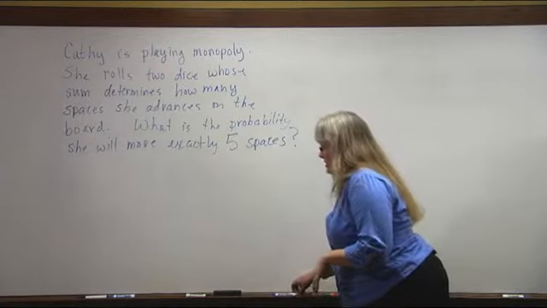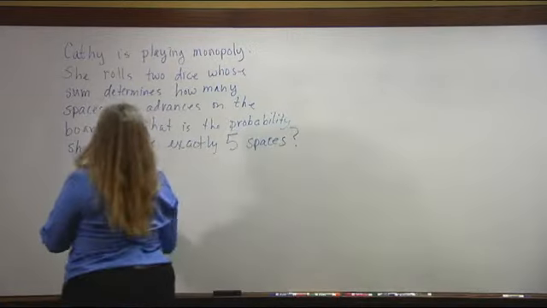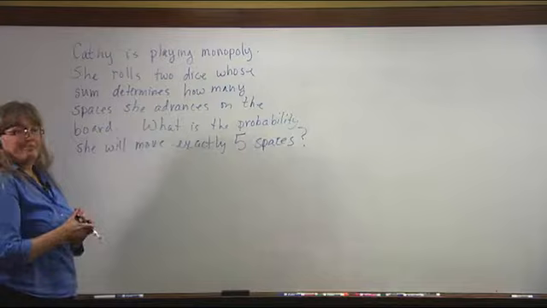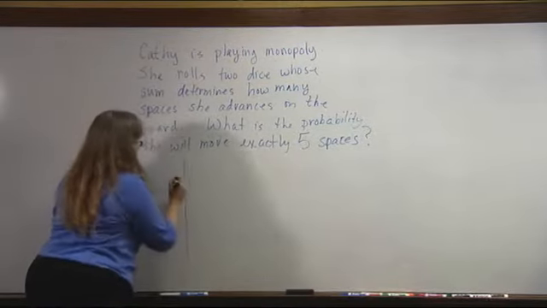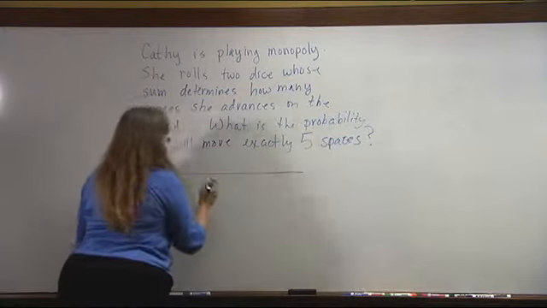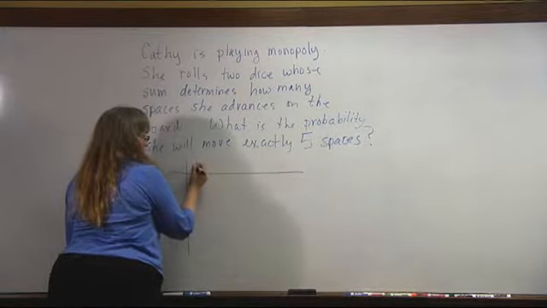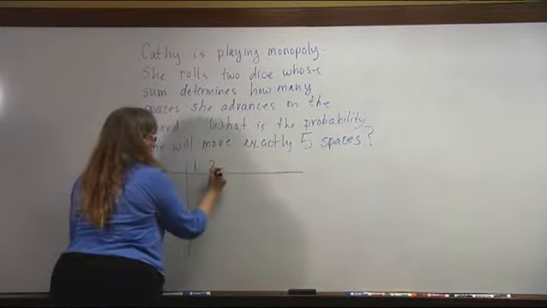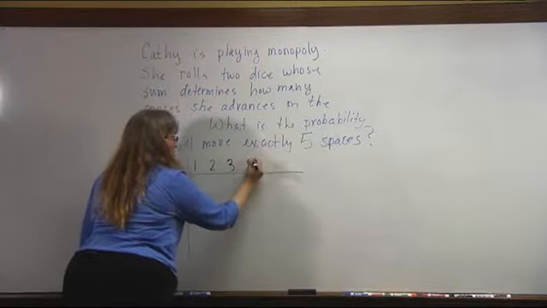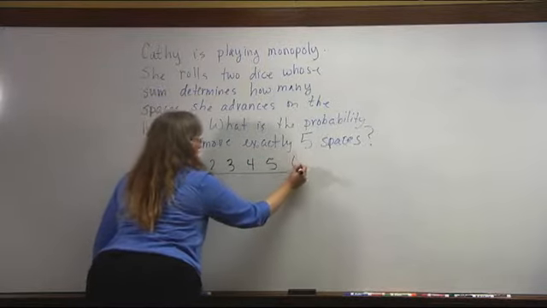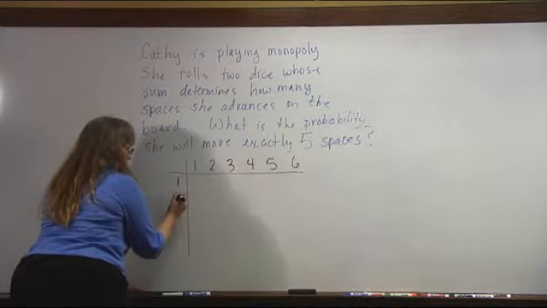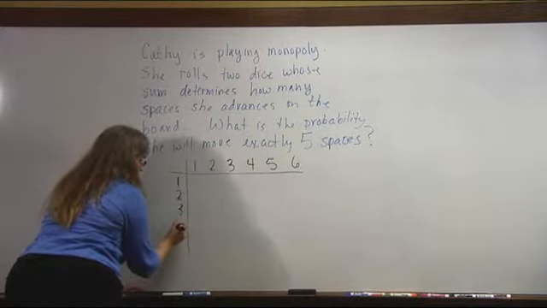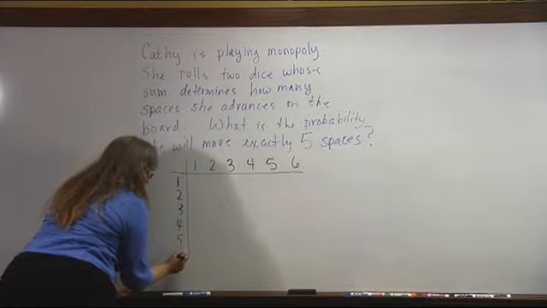I think the easiest thing to do is to generate a chart, almost like an addition table, really, where we have the possibilities on one die, 1, 2, 3, 4, 5, 6, and the possibilities on the other die, 1, 2, 3, 4, 5, 6.